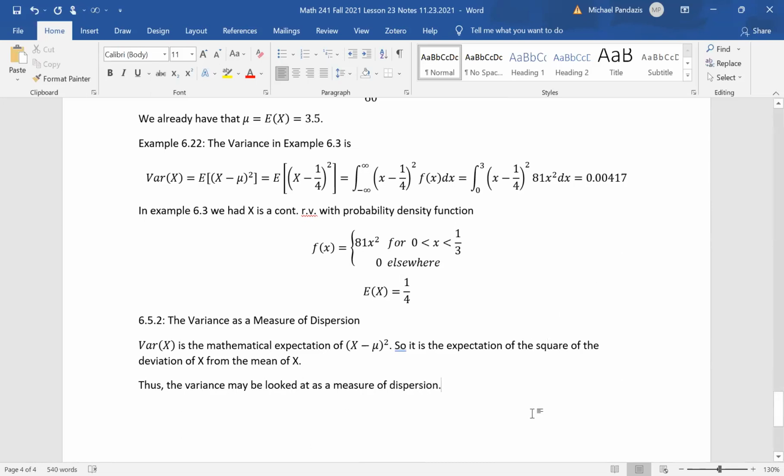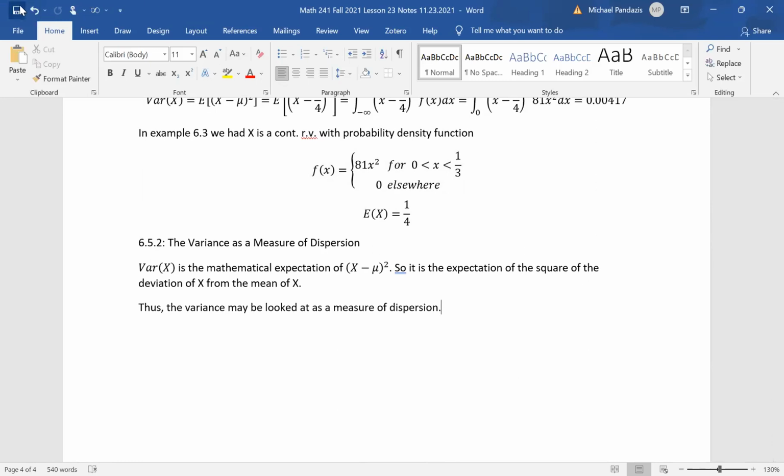Okay, so it's the expectation of the square of the deviation of X from the mean of X. And so it can be looked at as a measure of dispersion, how far away X is from its mean.